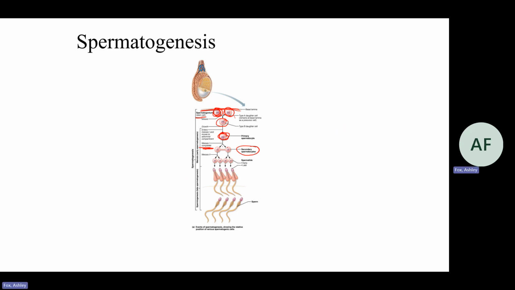So meiosis 1, remember, that's when we're going to have half the amount of chromosomes. Then it has to complete meiosis by going through meiosis 2, and it's going to go from secondary spermatocytes to spermatids. Then those spermatids are going to go through spermiogenesis, which is what's showing here, where it's going to gain its ability to swim. We'll go over those processes later.